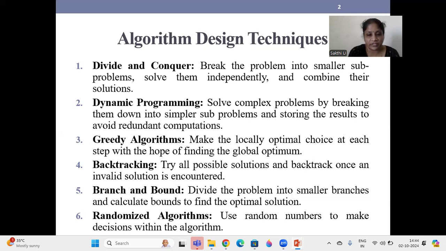And what is backtracking? For one problem, there are n number of solution choices available at one stage. We choose the best choice at each and every stage, and we can expand the local best solution to the next level.